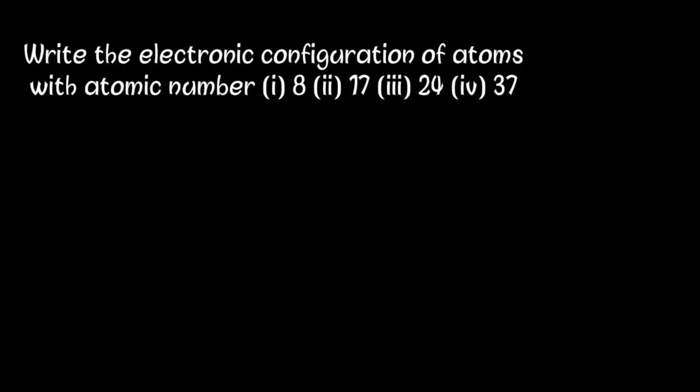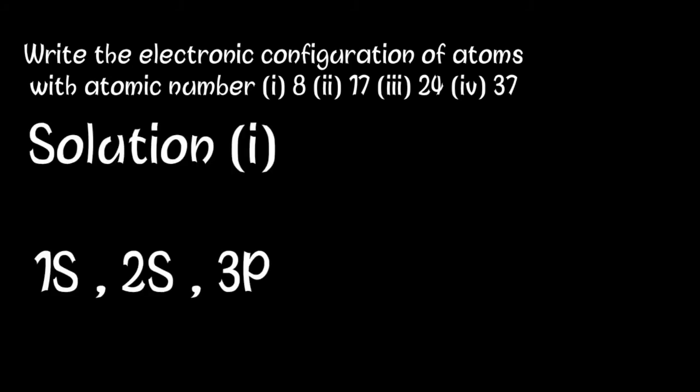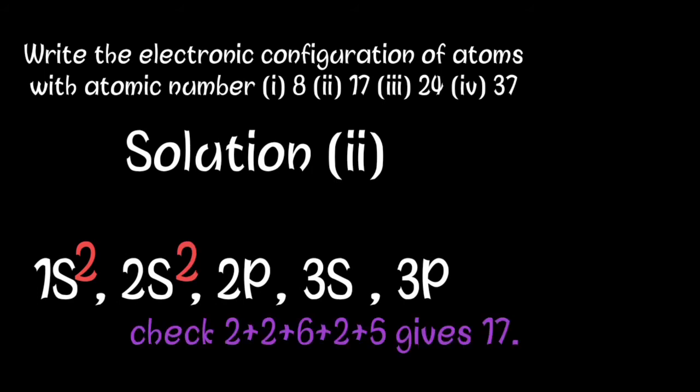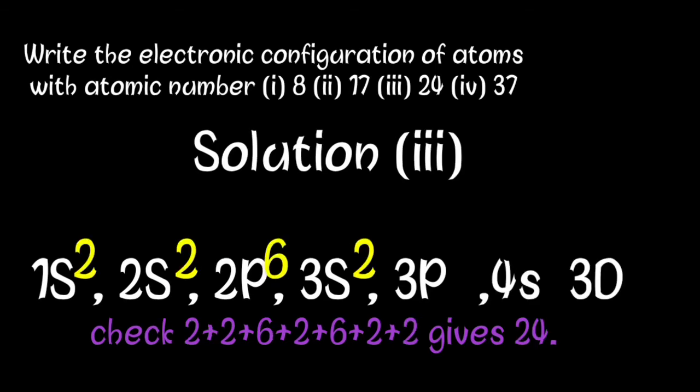Example, write the electronic configuration of atoms with the atomic number 8, 17, 24, 37. I would like to show you properly how these are being done. Check for the second. Okay, check for the third. I hope you understand.